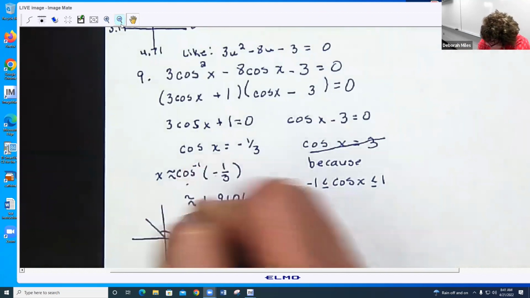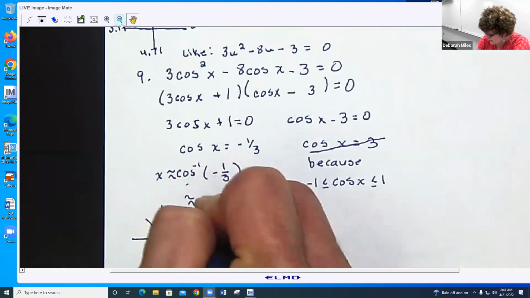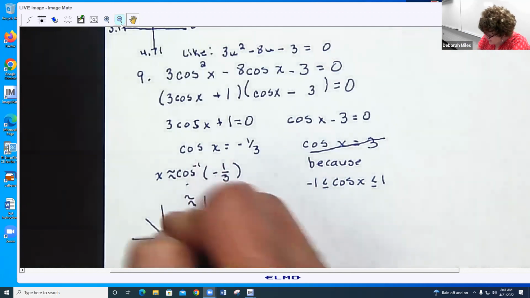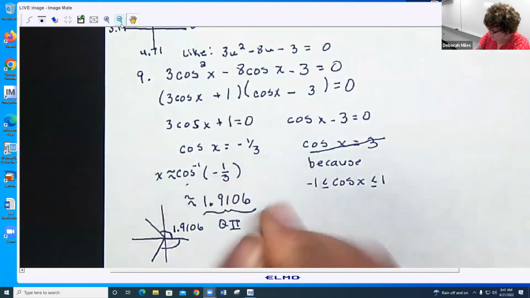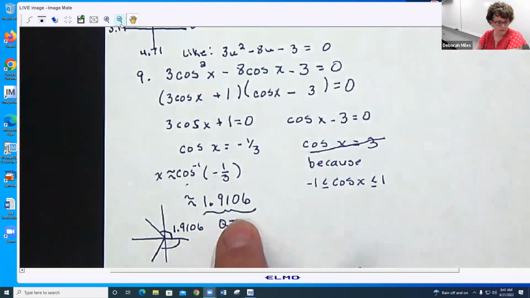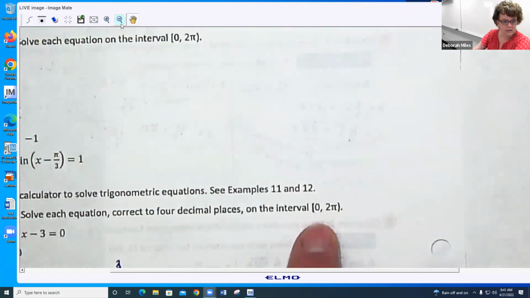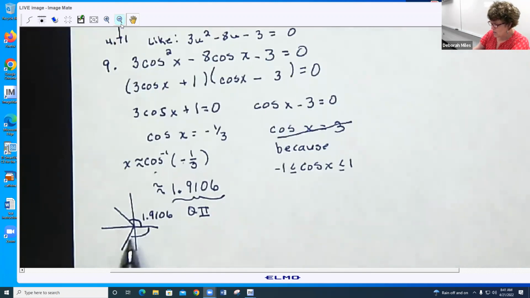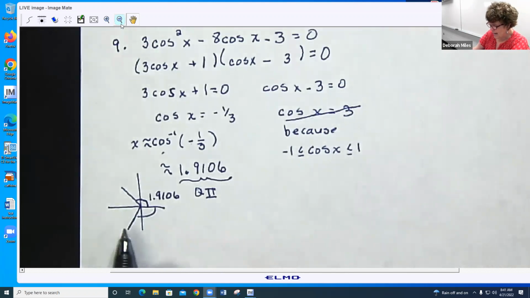This is the angle that's 1.9106 radians. And I want to find the angle that is negative 1.9106. Only I can't give negative 1.9106 as an answer because all of my answers are supposed to be between 0 and basically 6.28. So I can't give a negative answer. How could I find another name for this angle other than negative 1.9106?